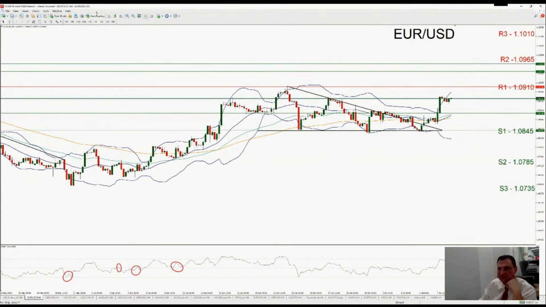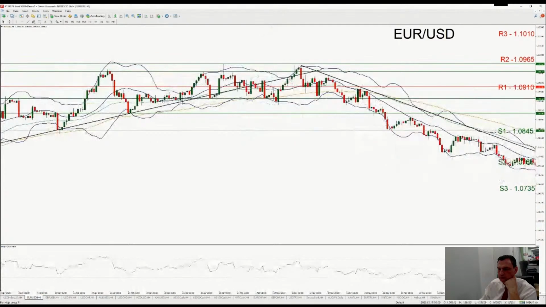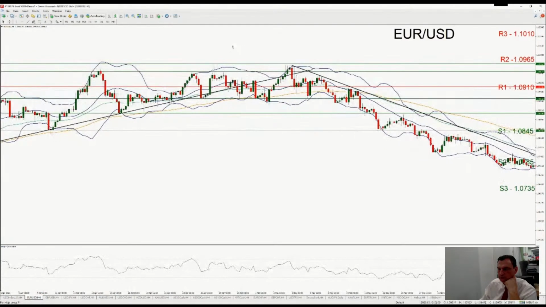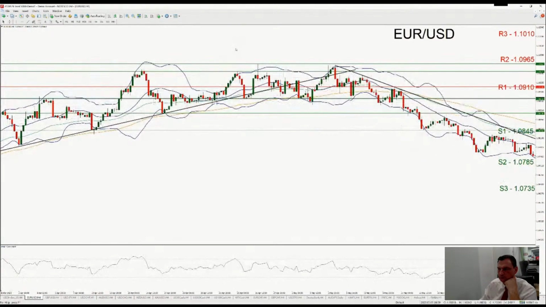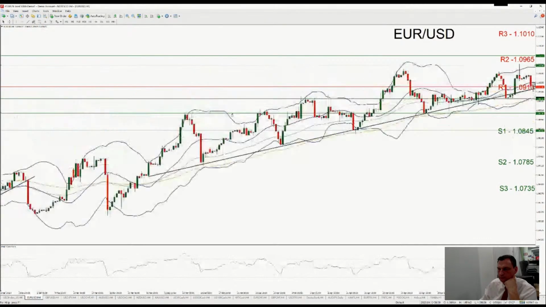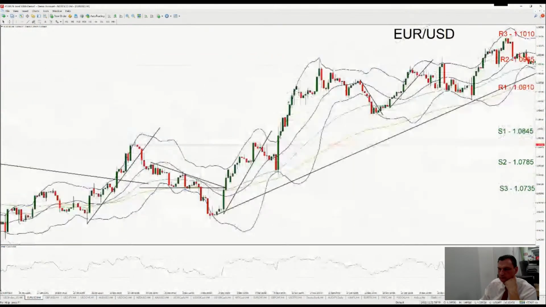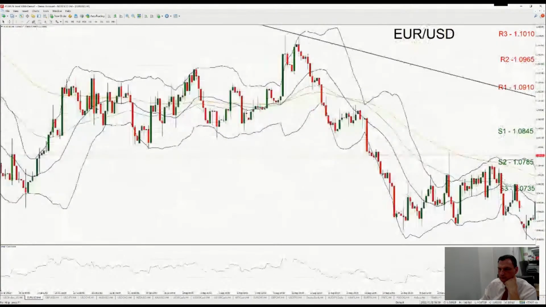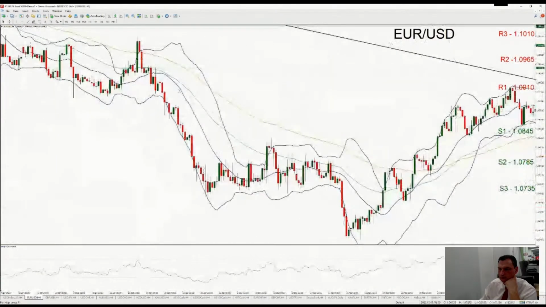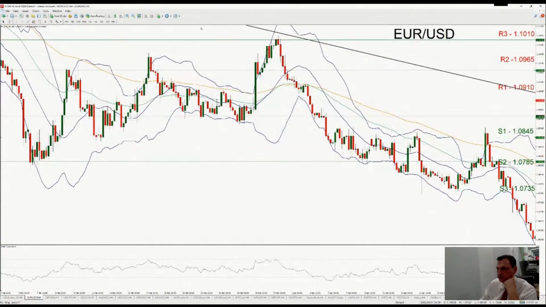Let's go hunting for new resistance lines. One's here. And the second one here.